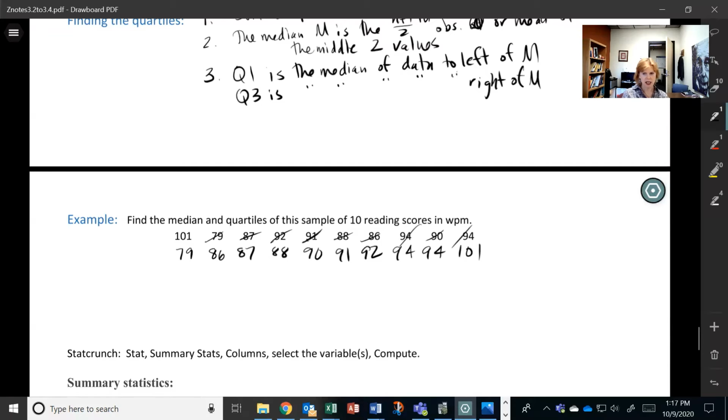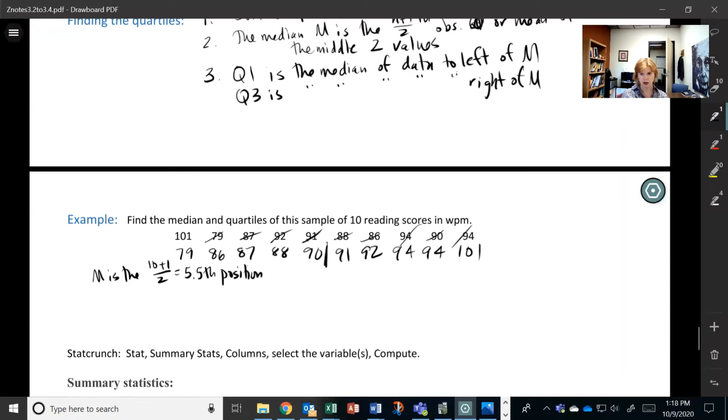So to find the median, it's (10 plus 1)/2, which is 11/2, the 5.5 position. So this is the first position, second, third, fourth, fifth. So halfway between the fifth position and the sixth position.